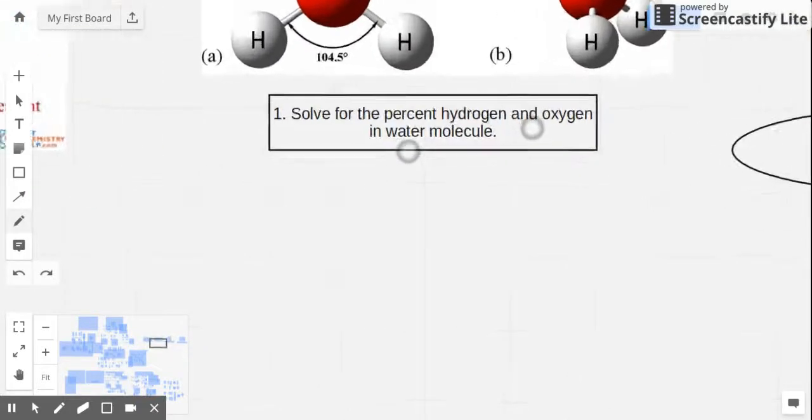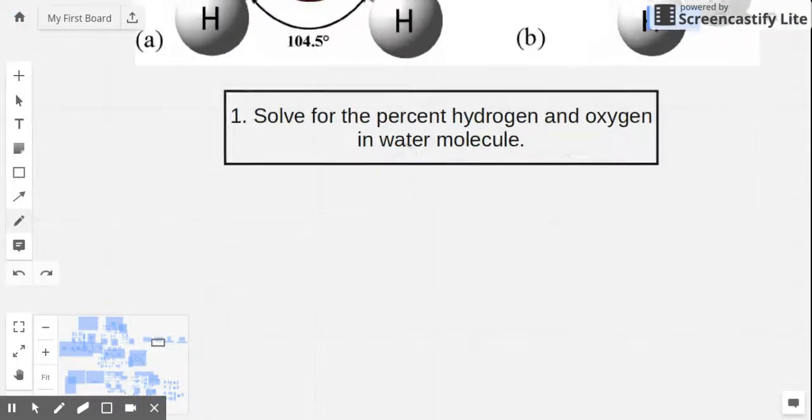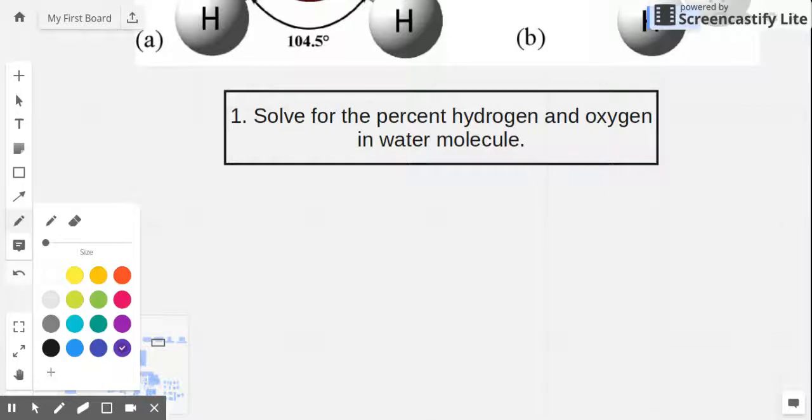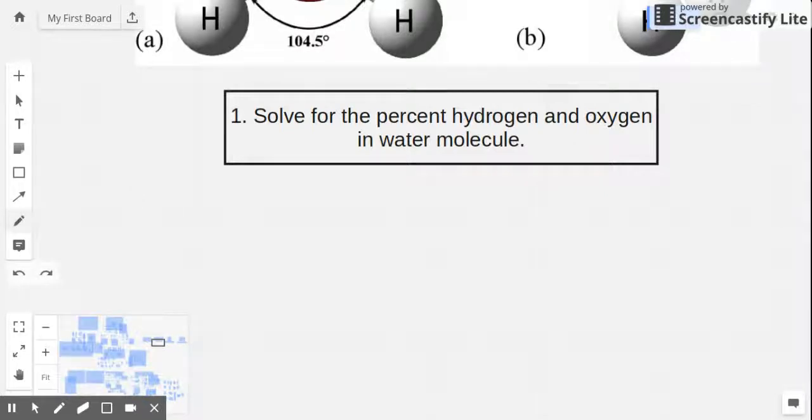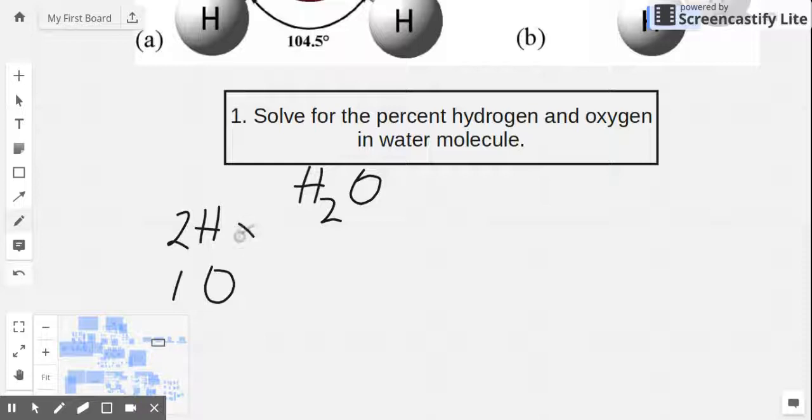Before we start with that, let us first know the mass of these elements. So we know that in H2O there are 2 hydrogens, and then there's 1 oxygen. Then we look at the periodic table: the mass of hydrogen is around 1.01 and oxygen is around 16. So let's multiply so that we can get the total for each element.